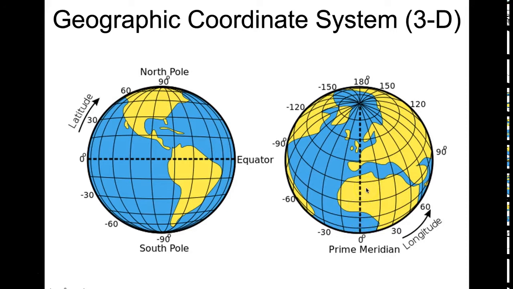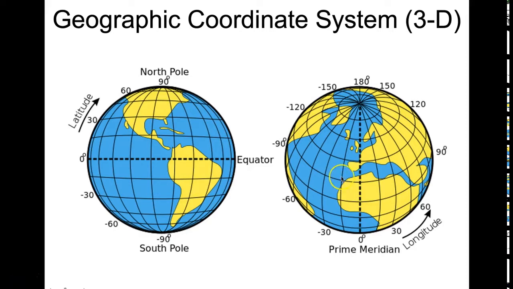And the seconds specify the sub-bands encircling the Earth in between the minutes of latitude and in between the minutes of longitude. So there's 60 seconds in a minute and there's 60 minutes in a degree.